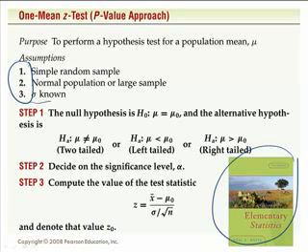And then our 3rd assumption is that the population standard deviation sigma is a known value. And that is because we have a z-test and we need to know the population standard deviation in order to do the z-test. If we did not know the population standard deviation, we would need to do a t-test.